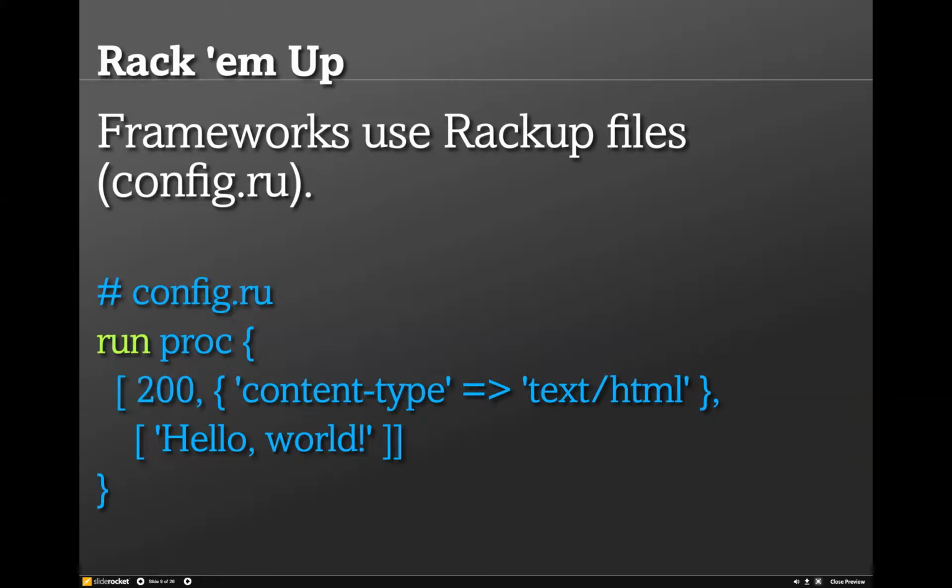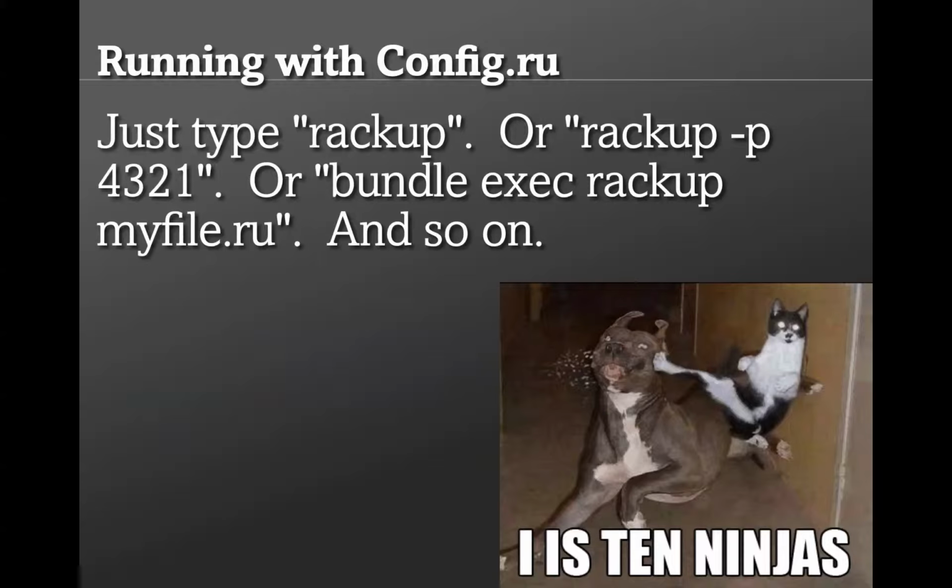A framework generally uses what's called a rackup file, which allows you to create one of these objects and then run it. You can see what goes in your framework file right now. If you have a config.ru file and you have Rack installed, you can usually just type rackup.